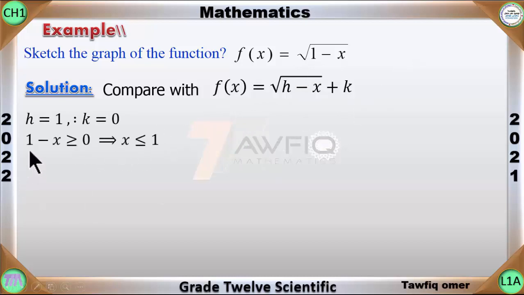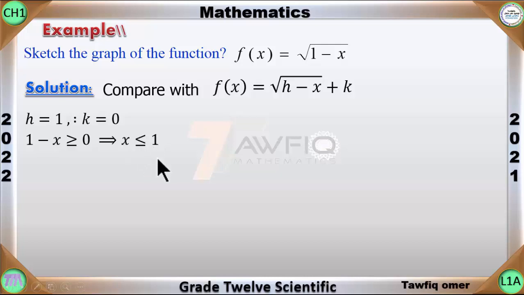And now to know how to take the value of x, take the expression under the square root bigger than or equal to 0 and find x. x is less than or equal to 1.